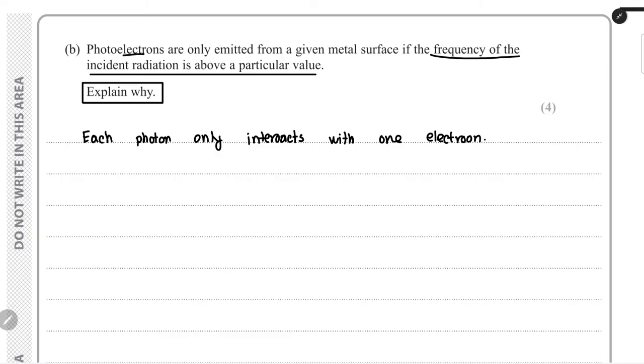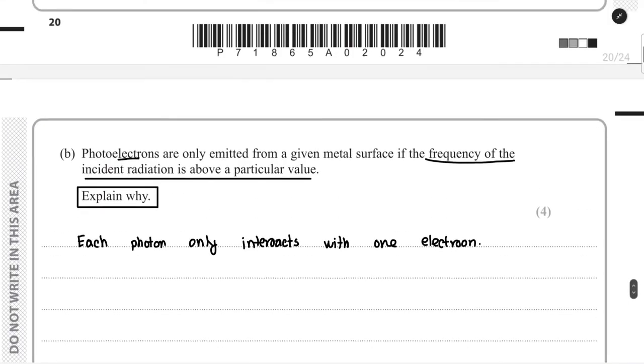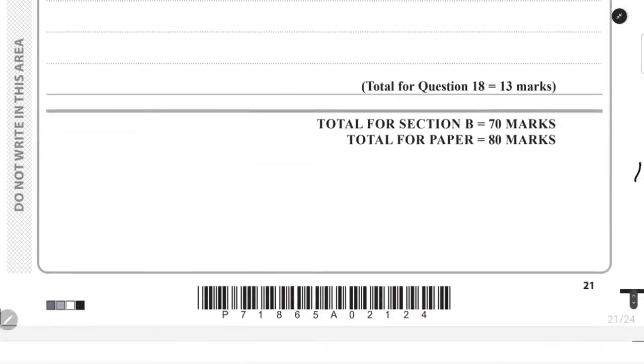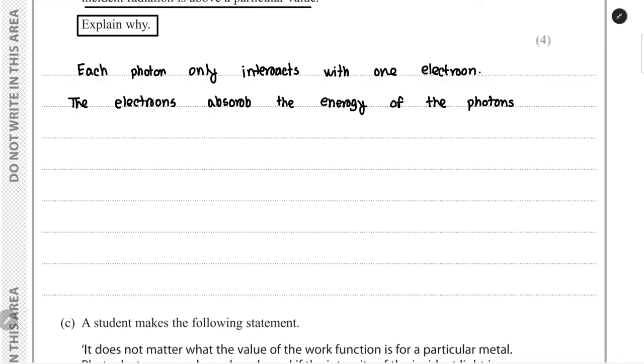Then we'll talk about the energy transfer. All of the energy of the photon is absorbed by the electron, and the minimum energy required is the work function.